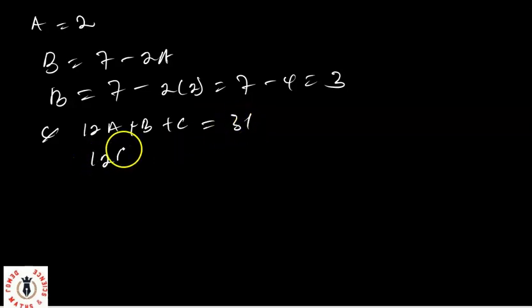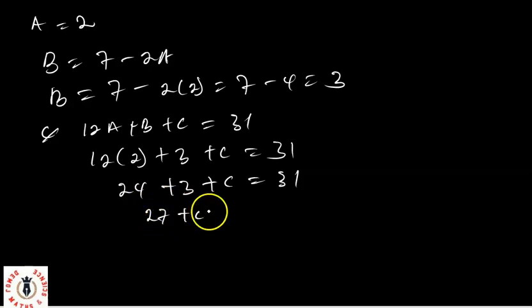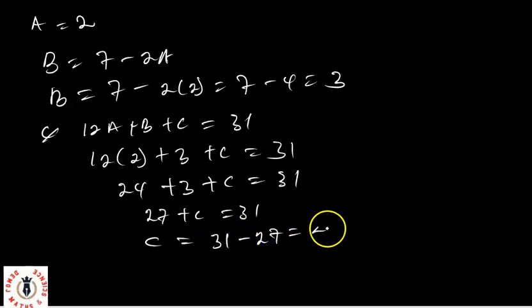So 12 into 2 plus 3 plus c is equal to 31. That's 24 plus 3 plus c is equal to 31. That means 27 plus c is equal to 31. That means c will be equal to 31 minus 27, which is equal to 4.